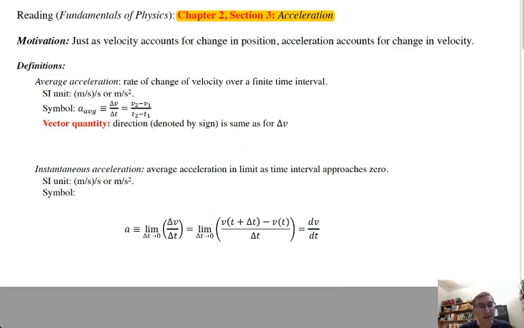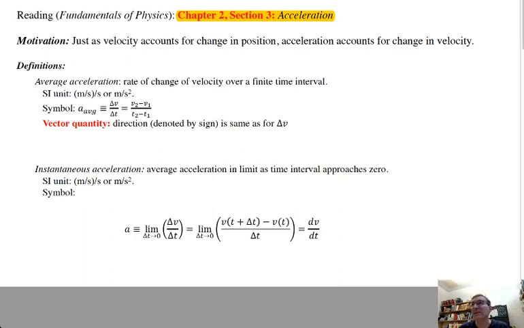Once the airplane has clearance to take off, they speed up, go faster and faster in the direction of the runway. And therefore, the speeding up represents a change in the airplane's velocity. And when the velocity of a particle changes, it has an acceleration.